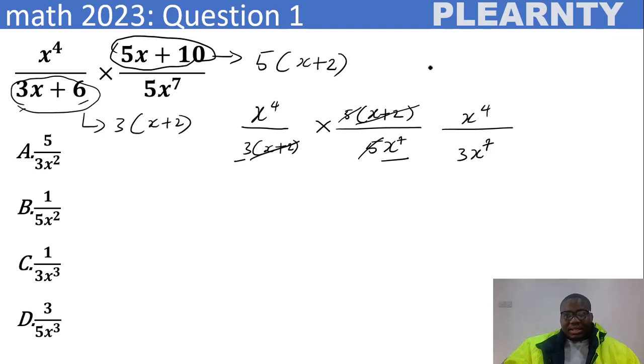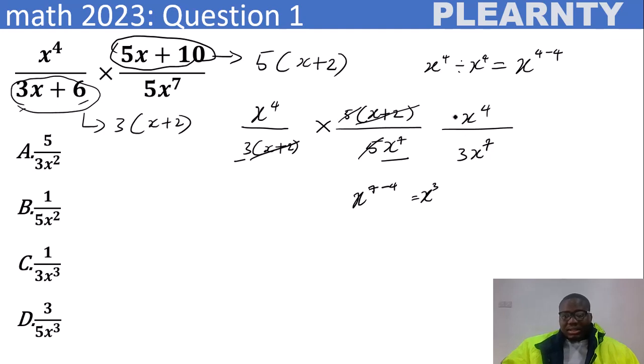So x raised to power 4 divided by x raised to power 4 is the same as x raised to power 4 minus 4, which is x raised to power 0, and x raised to power 0 is 1. And if you have x raised to power 7 and you want to divide it by x raised to power 4, it's going to be 7 minus 4, and that will be x raised to power 3.